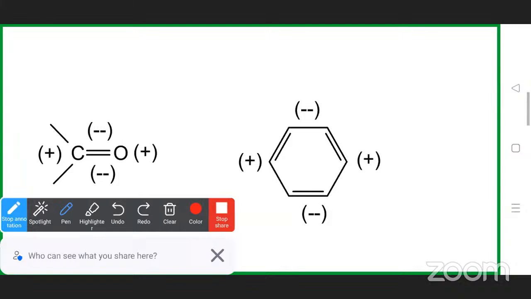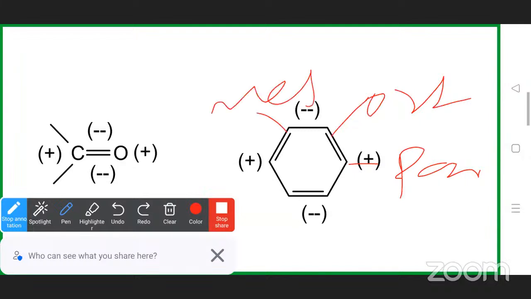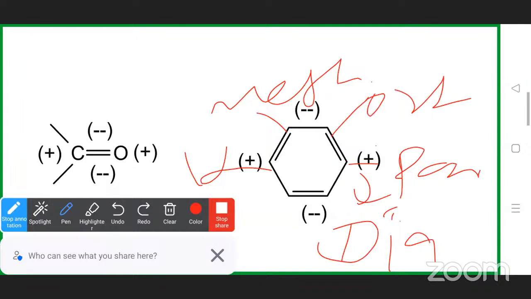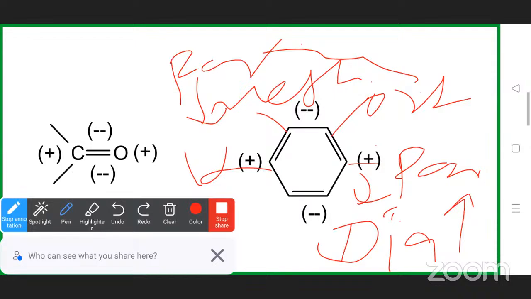The para protons fall in the diamagnetic region, so they have higher delta values. The meta and ortho protons fall in the paramagnetic region, so they will experience lower delta values.